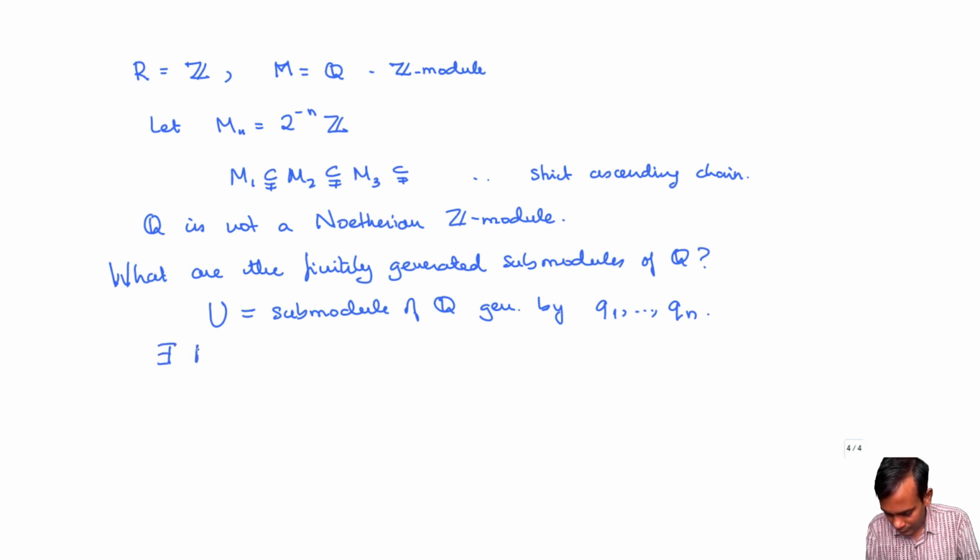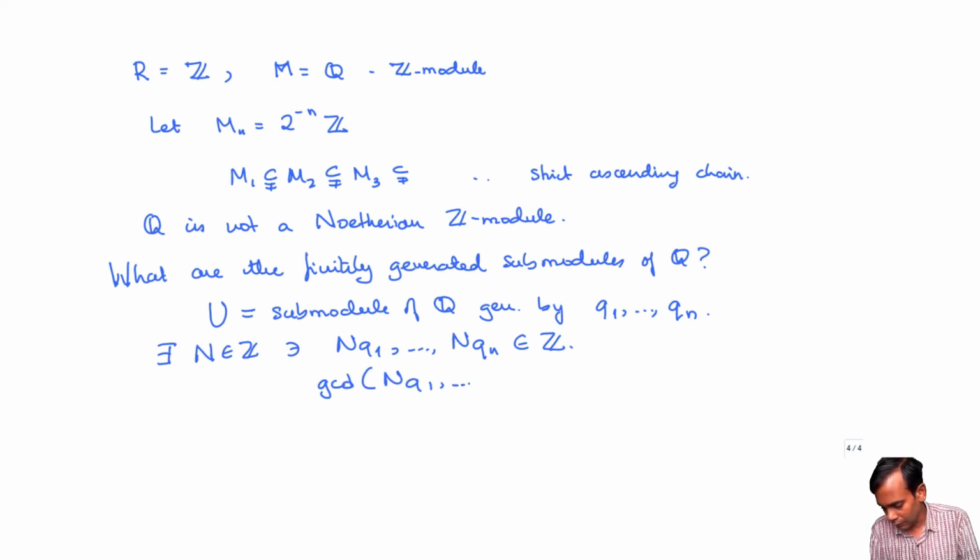There exists n belonging to Z such that nq1, nqn are all integers. Now you take the GCD of these integers, that's going to be an integer, and divide it by n and call that q. So let q be 1 over n times the GCD of nq1, nq2 up to nqn.